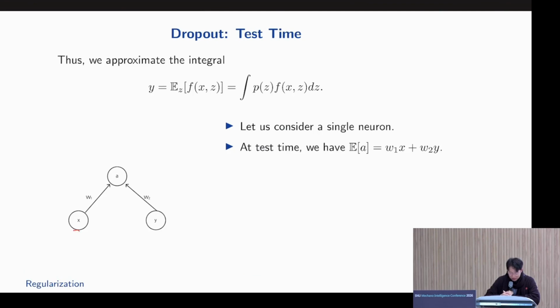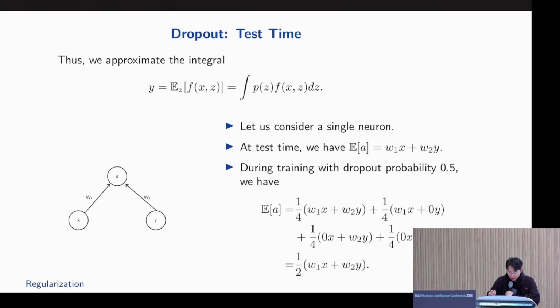Given two activations X and Y and some weights W1 and W2, the expected output with training dropout probability 0.5 is going to be the average of all these 4 different types of outcomes: all of them survive, only one of them survives, or none of them survive. So that's going to be 1/2 of what it used to be. So here, these guys are the same.